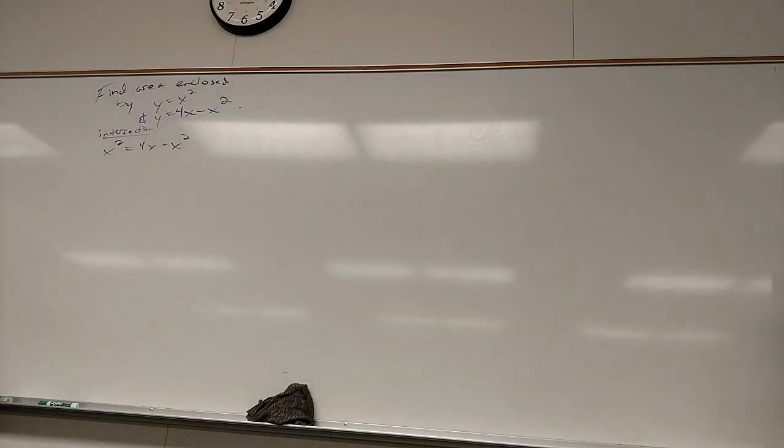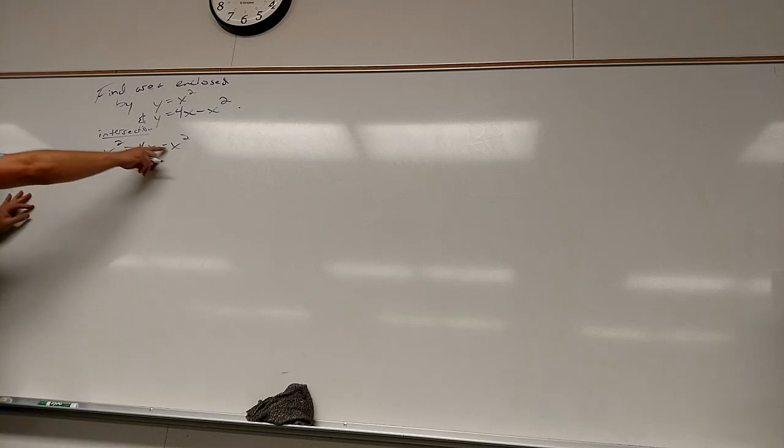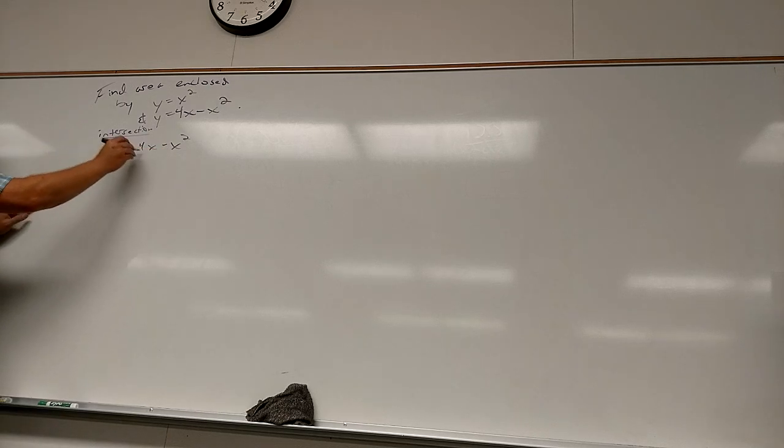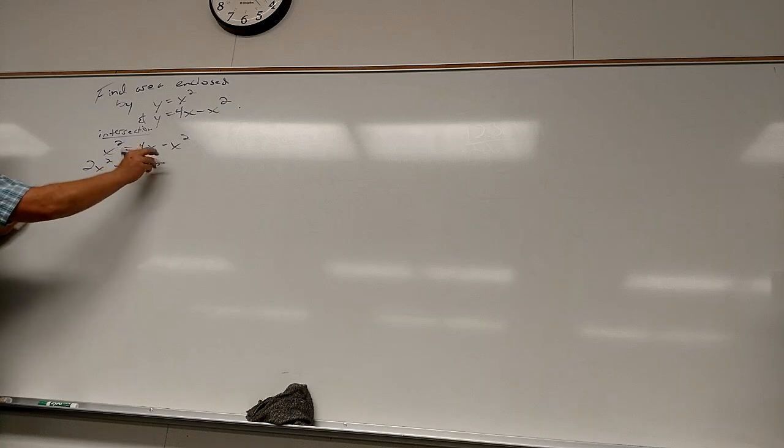Take a minute and solve that real quick. So let's see, 2x squared minus 4x equals 0.